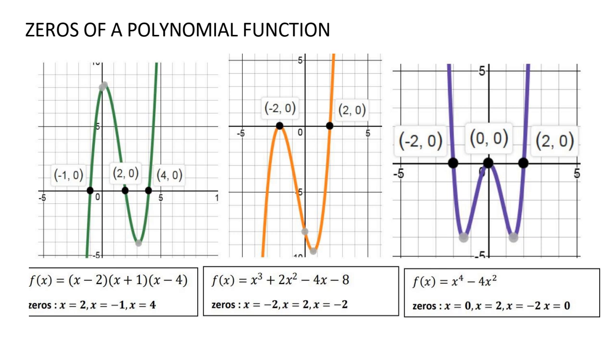If we look at this first graph, we have zeros at -1, at 2, and at 4. These zeros actually cross the x-axis. But if you look at graph 2, which we covered last week, when a graph touches the x-axis and turns around, this is still considered a zero, but we call this a double zero.